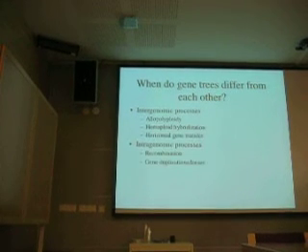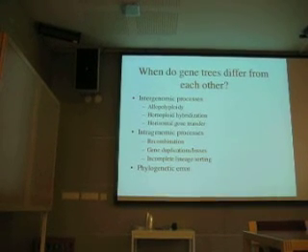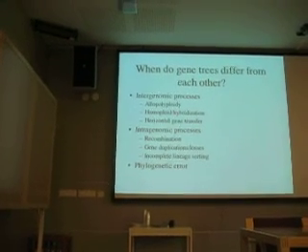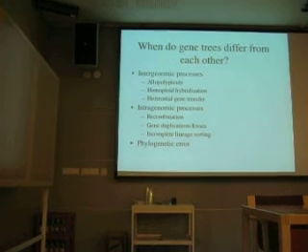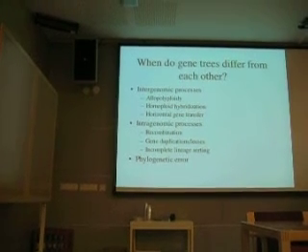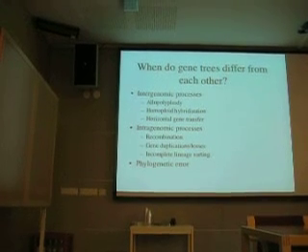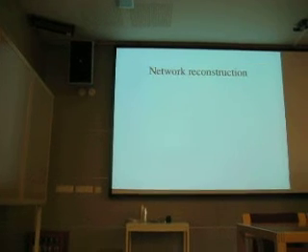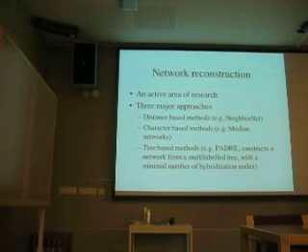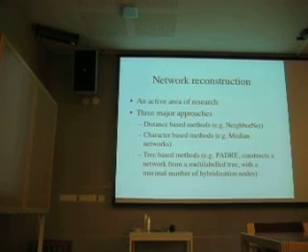But there are a number of processes that make gene trees differ from each other, listed here. And so obviously we need some ways to identify those processes from each other. And often such processes are appropriately modeled by networks.